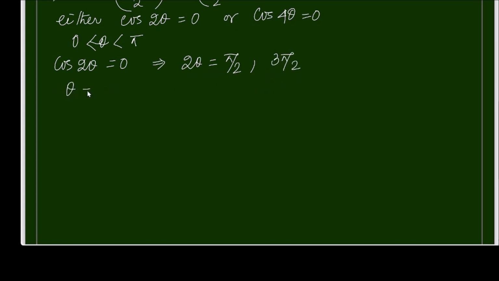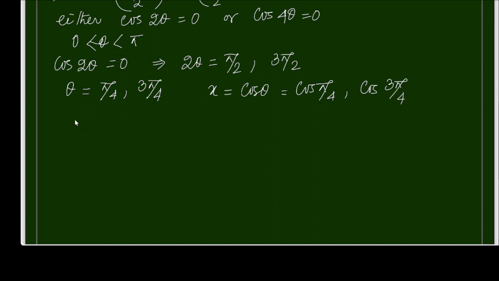That means theta is equal to pi by 4 or 3 pi by 4. And what is x? X is equal to cos theta. This will be cos pi by 4 and cos 3 pi by 4.